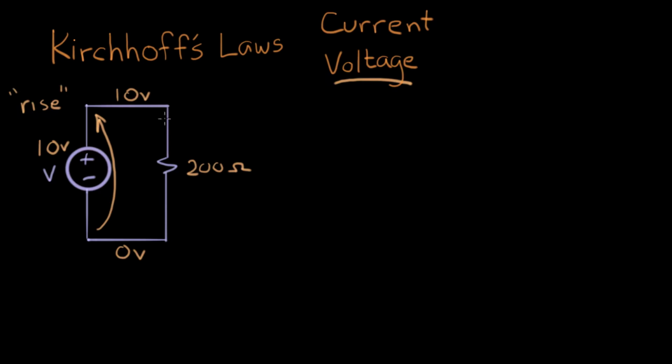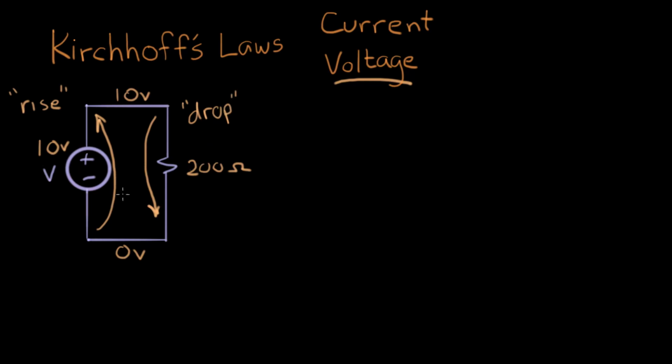And over on this side, if we were standing at this point in the circuit and went from this node down to this node, the voltage would go from 10 volts down to 0 volts in this circuit. And that's called a voltage drop. That's just a little bit of slang or jargon that we use to talk about changes in voltage.